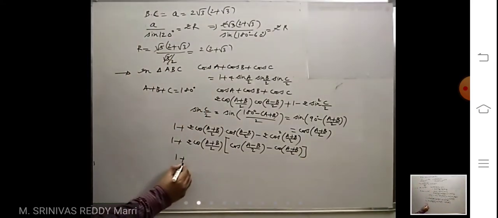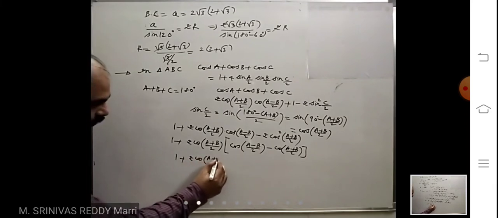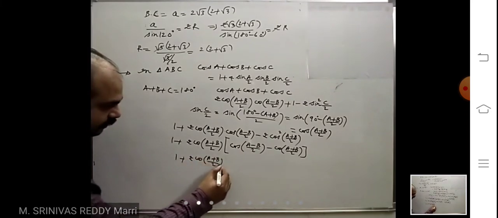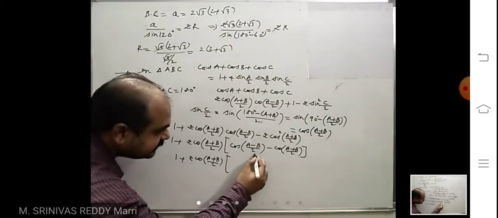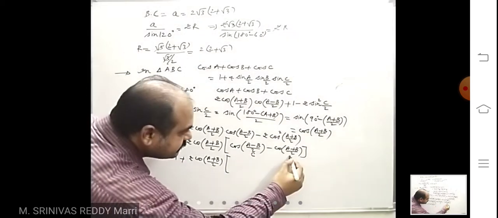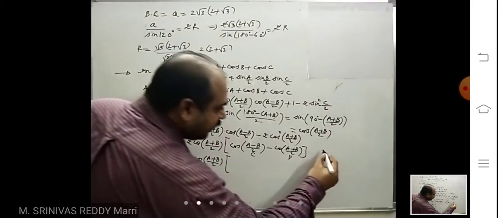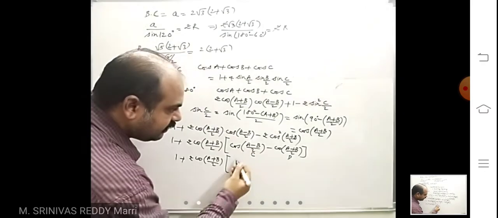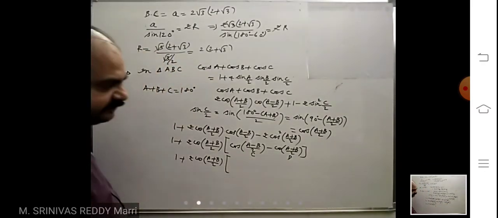Now if you look at here, this is C, this is D. Now I want to write the cos C minus cos D formula.